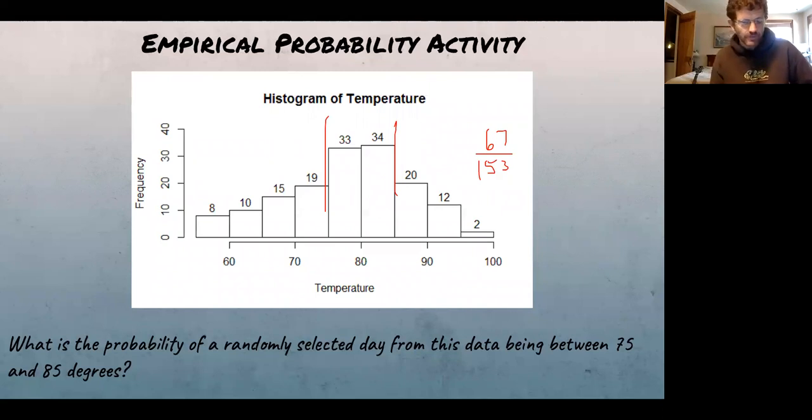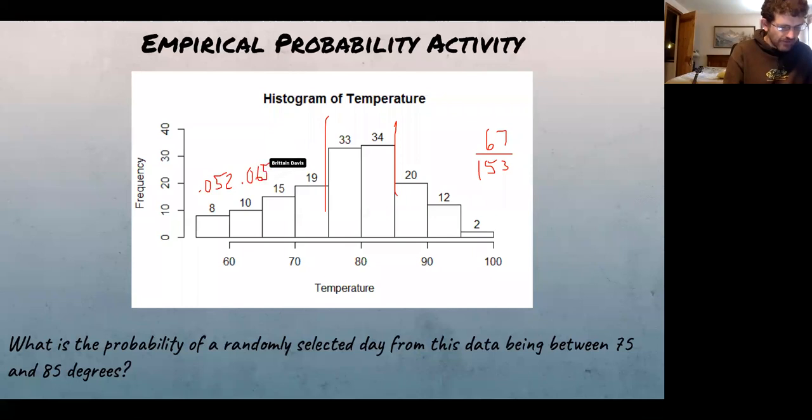Okay. The only other thing to mention about these types of problems is sometimes this is given not in absolute values, but in relative frequency. So I'm not going to go through all of them, but maybe this is given as 0.052, and the next one, and I'm actually getting the real values here, 0.065 for this bin right here.